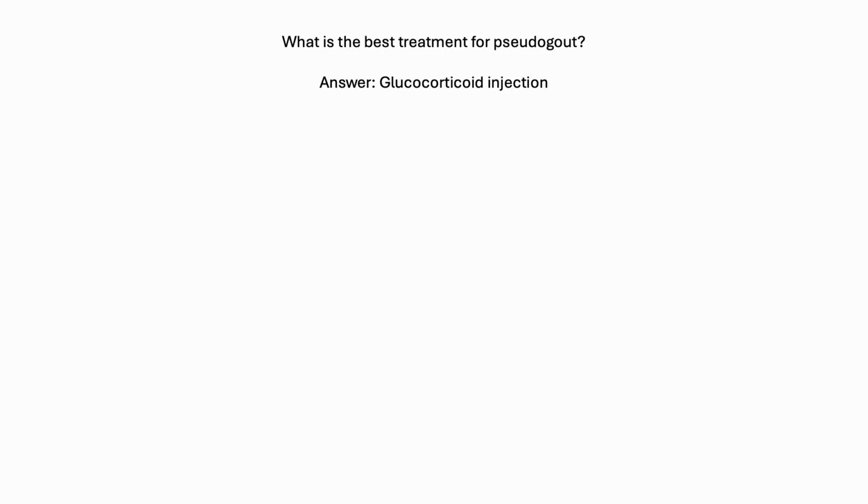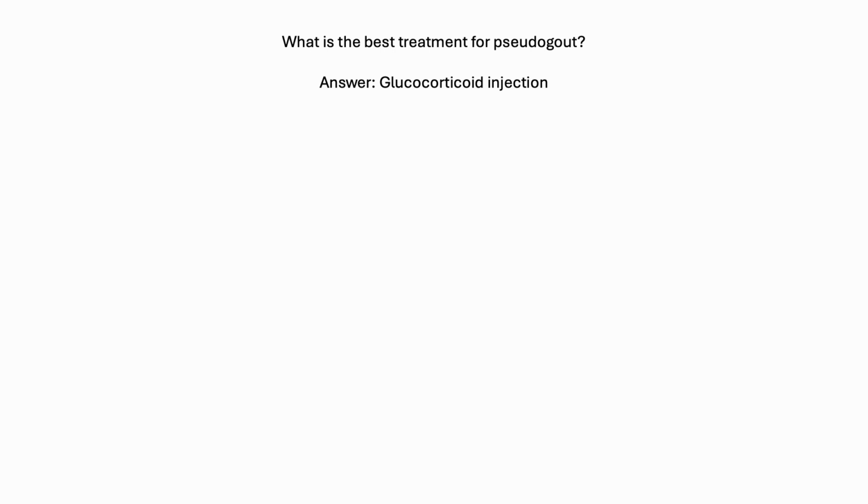What is going to be your treatment for BV? Bacterial vaginosis. So your treatment is going to be metronidazole. What is going to be the best treatment for pseudo-gout? We're going to do glucocorticoid injections.